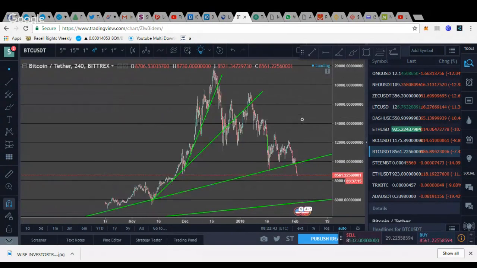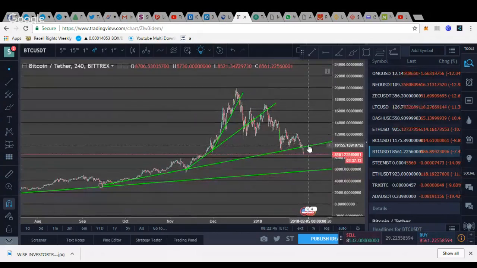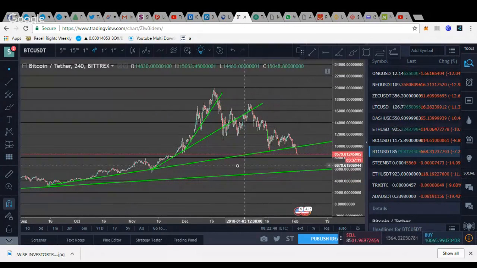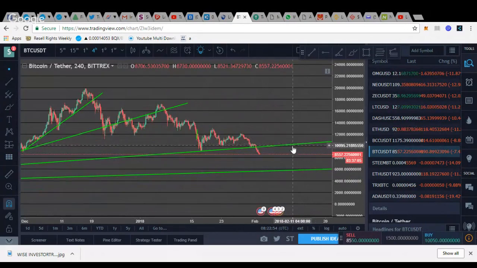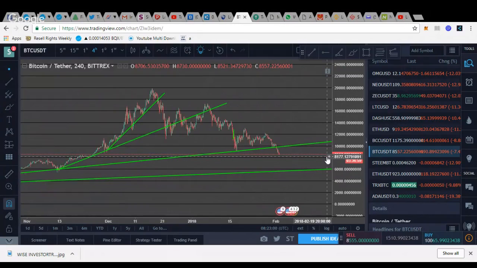We made it clear that since Bitcoin has broken this trend, definitely it's going to test this one, but it can happen overnight. What we're expecting from here now is for Bitcoin to come down and retest this line.